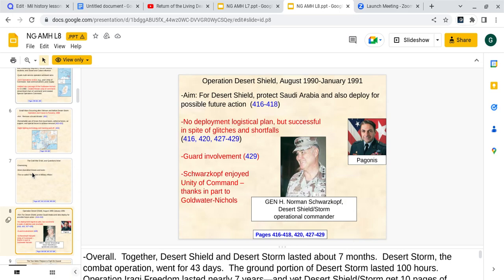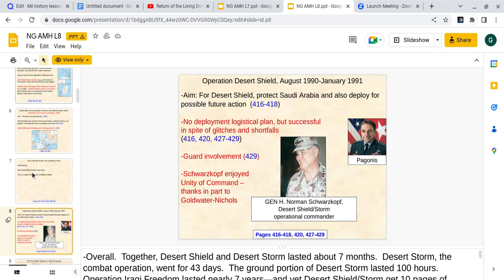However, during Operation Desert Shield, there was not a deployment logistical plan, even though they needed one. That did lead to a lot of glitches and shortfalls. However, it was a successful operation.